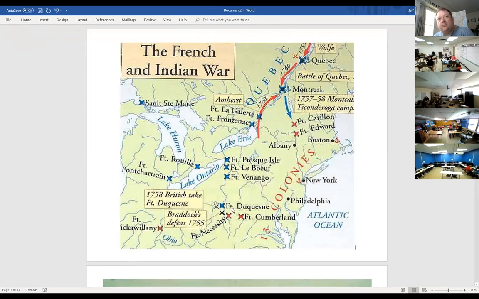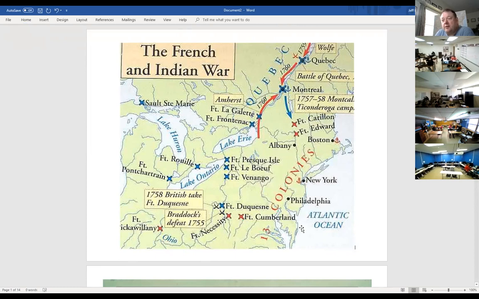And around 1753, they built this Fort Duquesne. And I don't know if I'm pronouncing that right. Someone who maybe has taken French can correct me on that. And it was very close to Virginia, up here in this section of Virginia.